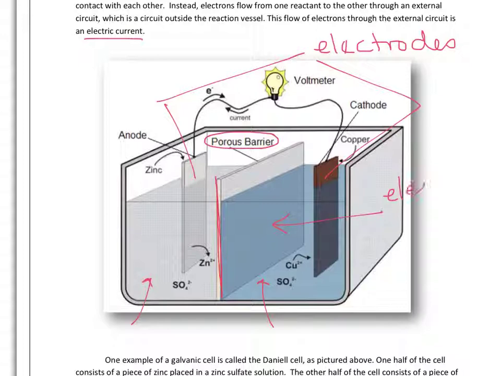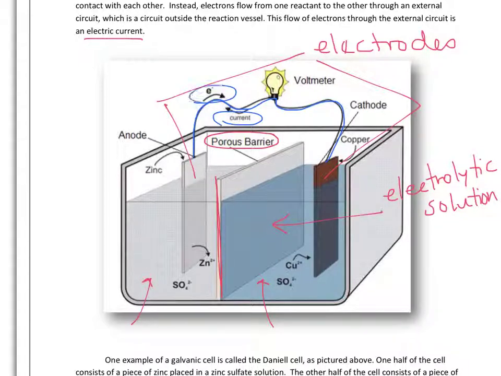That's our electrolytic solution. There is a wire that connects each one of the electrodes to each other, and that's our external circuit where a current is produced because of the flow of electrons.